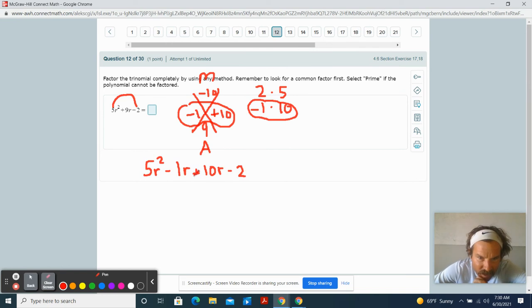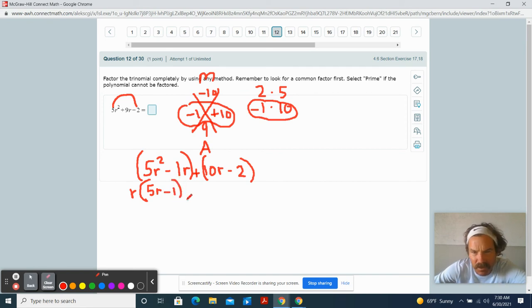So now remember, factoring by grouping is you group them together. I'm going to group the first two and the last two together. So this is going to be, let's see, I'm going to take out an r. And I have a 5r minus 1. Okay.